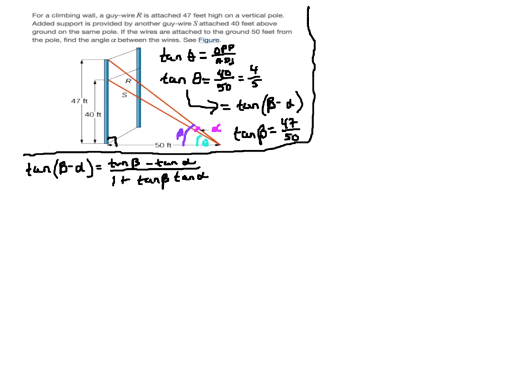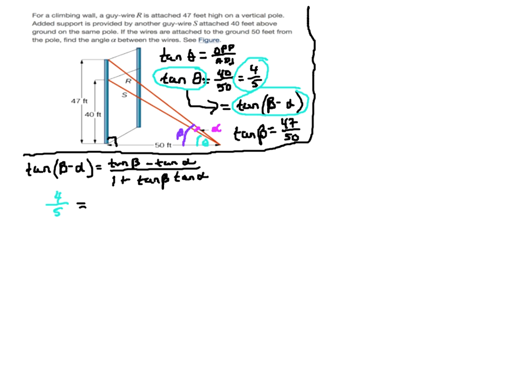Okay, we know what the tangent of beta minus alpha is. That's equal to 4/5 right here. Tangent of beta minus alpha is equal to the tangent of theta, which is 4/5. So I can put in 4/5 here. Starting to look a little easier on the eye.